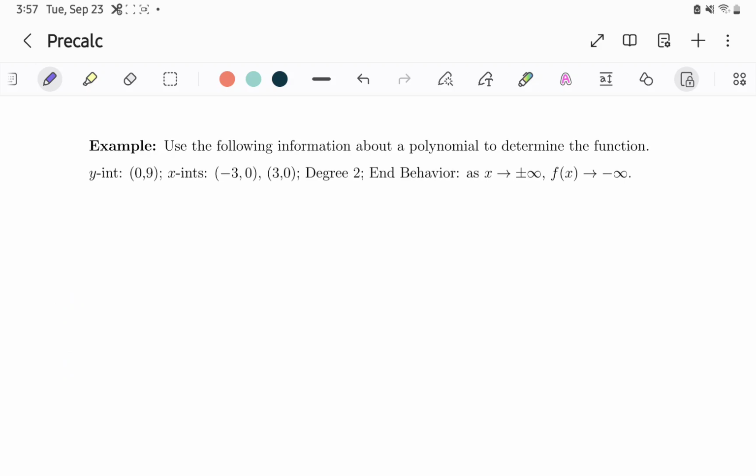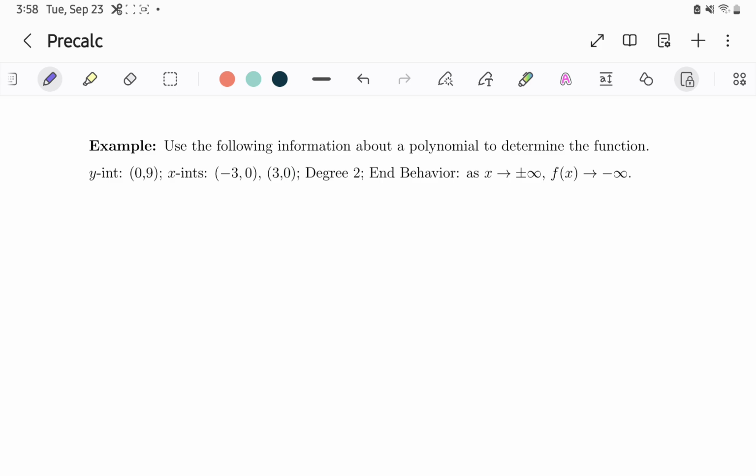All right, in the next example, we are going to use the following information about a polynomial to determine a formula for the function. We are told that it has a y-intercept (0, 9), and it has x-intercepts at (-3, 0) and at (3, 0).